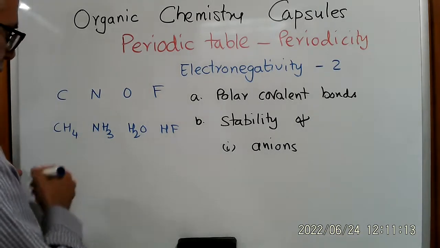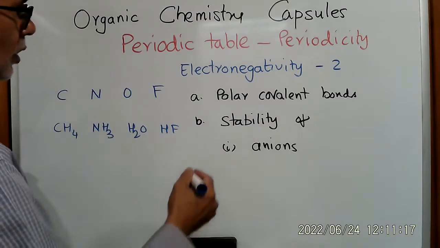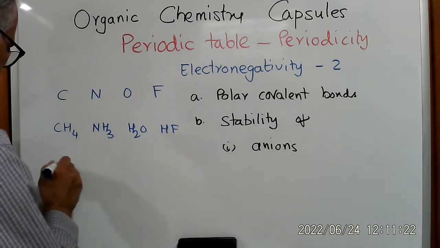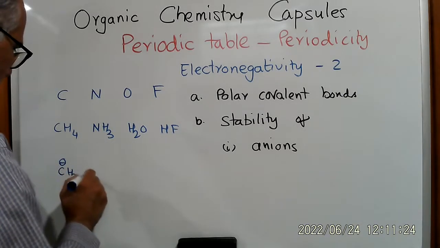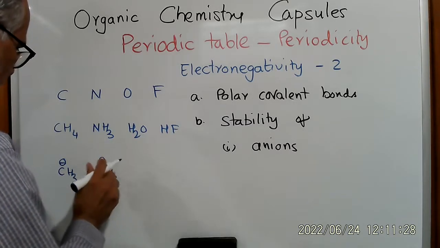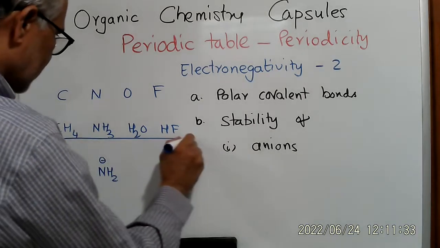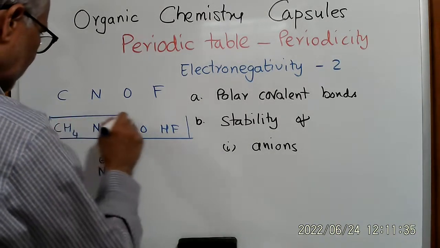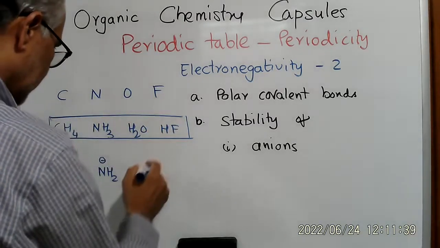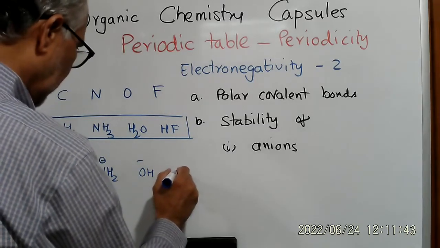Now, what we are doing further is, I want to see the effect of electronegativity on the ions. Let's take these ions: CH3 minus, NH2 minus, these are all anions, right? They are derived from these neutral compounds shown in the above row, so hydroxide and fluoride.